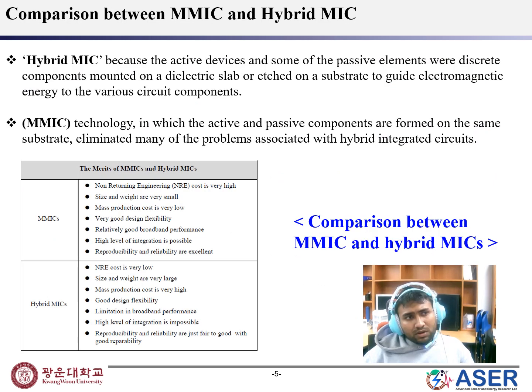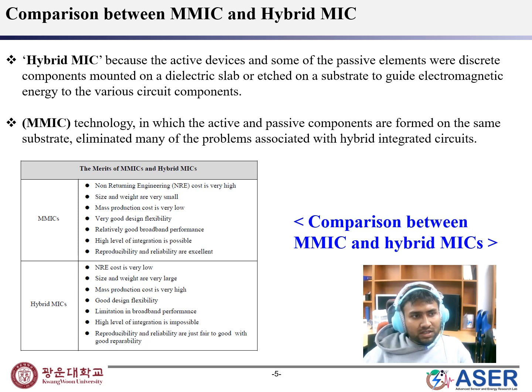Now, a comparison between MMIC and hybrid IC. First of all, what is hybrid MIC and what is MMIC? Hybrid MIC is an IC in which active devices and some passive elements or discrete components are mounted on a dielectric slab or substrate to guide electromagnetic energy to various circuit components.